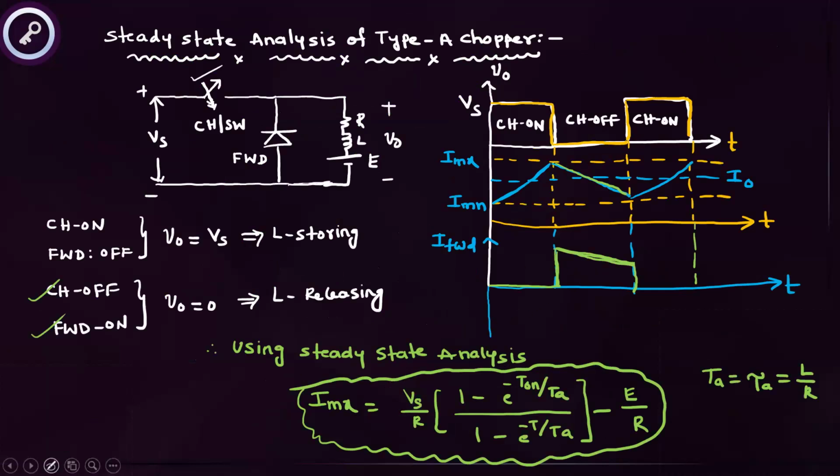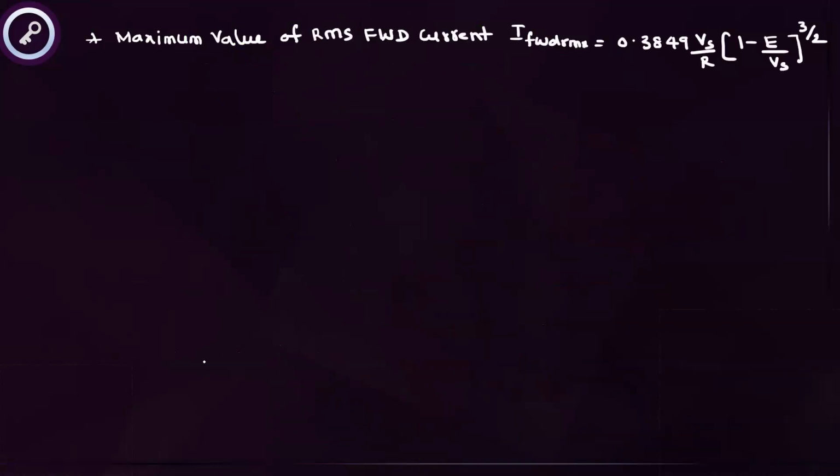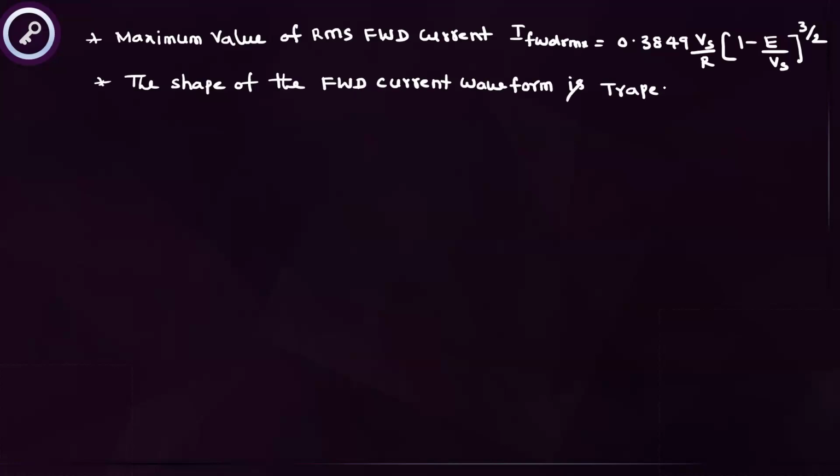The freewheeling diode current waveform is trapezoidal.